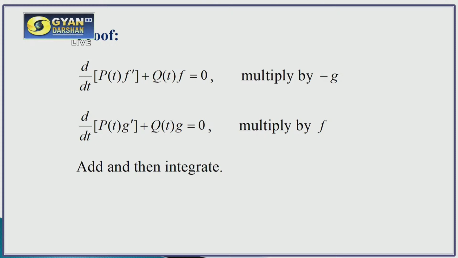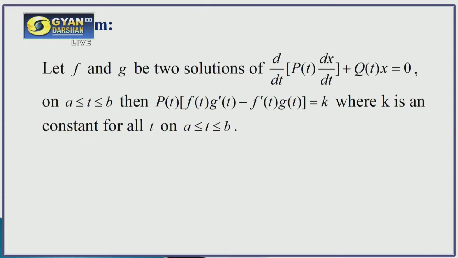Now how are we finding what we should multiply these equations by? If you carefully observe this term, f of t into z dash t, we are going to prove that this term is equal to a constant.